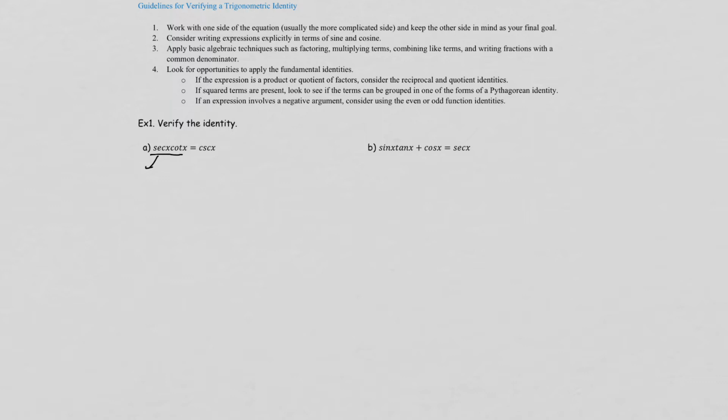So secant x is the same as 1 over cosine x, times cotangent x, which is 1 over tangent, which is cosine x over sine x. And you don't have to write this, but this also equals 1 over sine x, right?